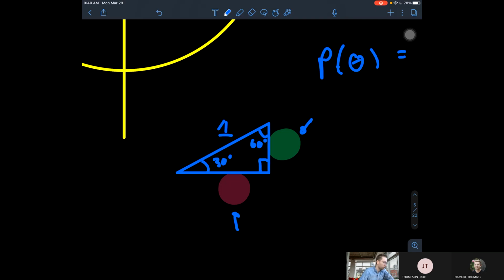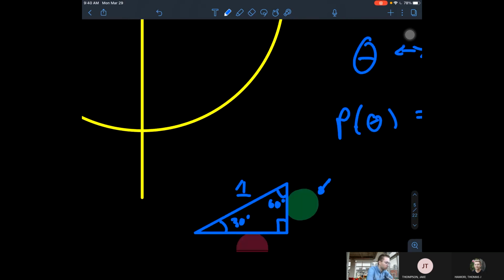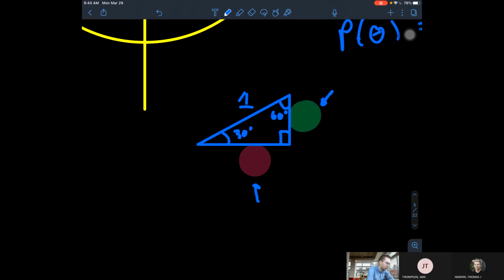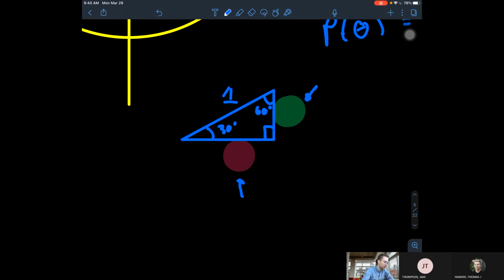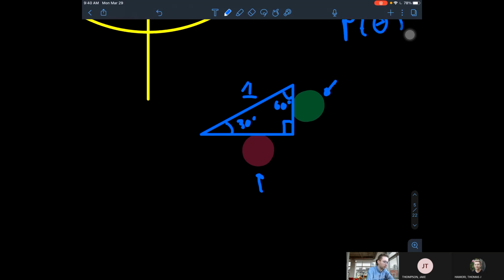No, not the unit circle. We're going to return to the unit circle in a minute. But for now, we're just trying to say something about this triangle. Is there a relationship between the lengths of the sides of a 30, 60, 90 triangle?